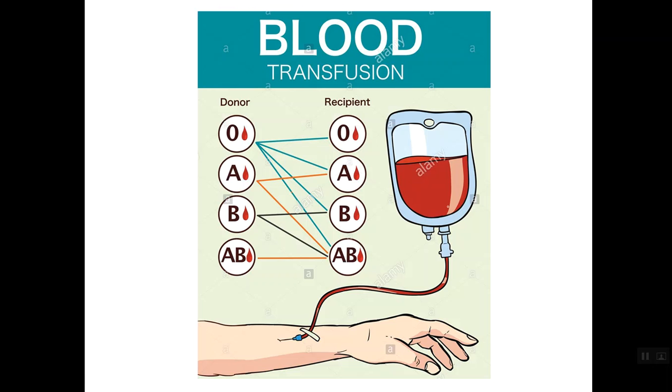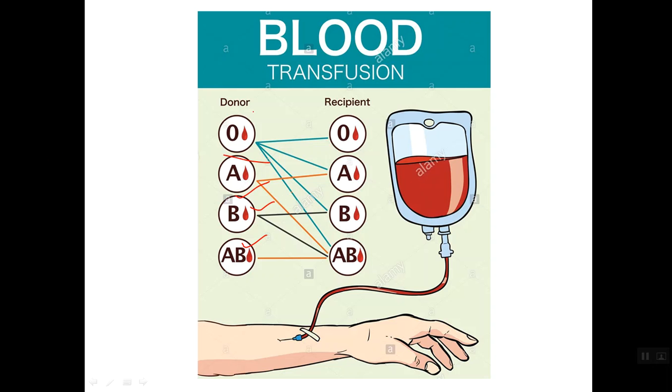Next, coming to blood transfusion. Now we know we have the O blood group, A blood group, B blood group, and AB blood group. So whenever we undergo certain surgical procedures, it is very important to know the blood group of the individual.